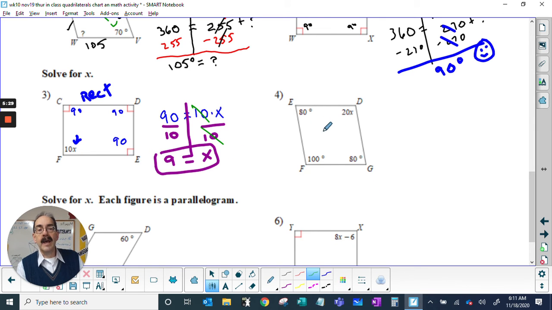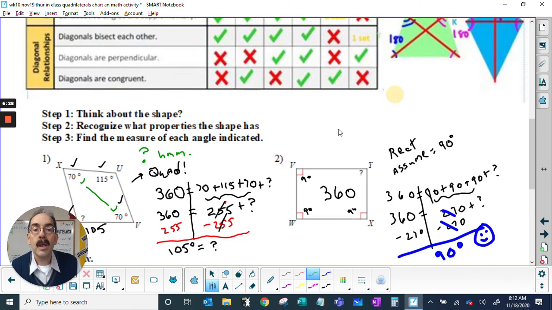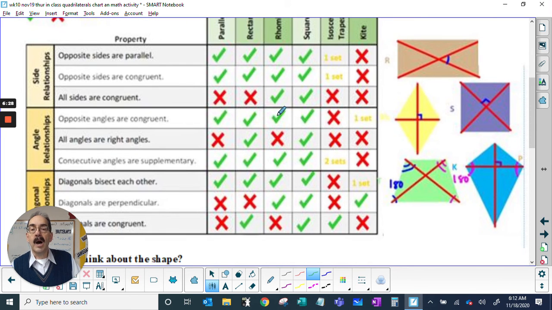Okay, now we're going to make an assumption. We're going to call this a rhombus, a diamond. If we need to, we look back at our chart, and we have the rhombus, and we know that the opposite angles are congruent.